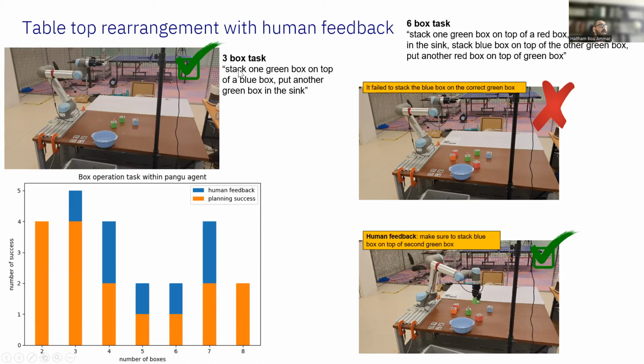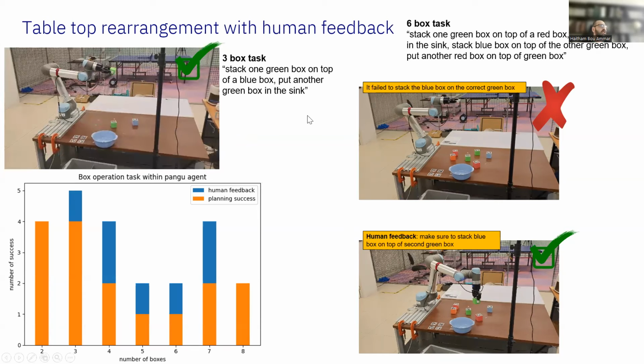So now you can say, okay, stack 1 green box on top of a blue box and put another green box in the sink. So the robot's goal now, very simple task, is to stack 1 green on top of a blue and then put the other green in the sink. So here's the robot executing this. It will take the green, put it on the blue, right? And then it will take the other green and actually put it in the sink. All right, that works. That's easy.